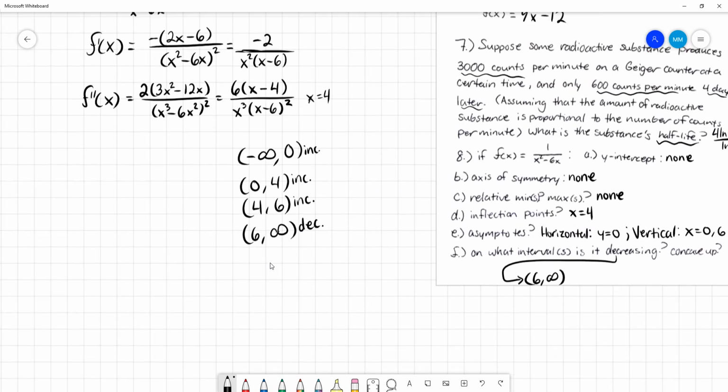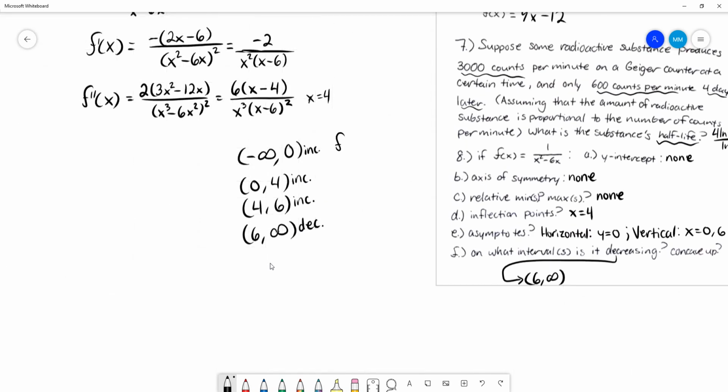Now we want to test for concavity, so I'm going to do the same thing, but with my second derivative. So I'm going to plug in a -1, and that's going to be 6 times -1 minus 4, which is negative, and then it's going to be -1 on the bottom times a positive. Those cancel out. It's positive, which means it's concave up.